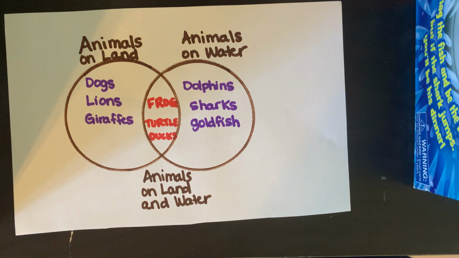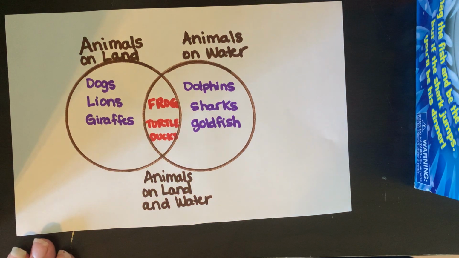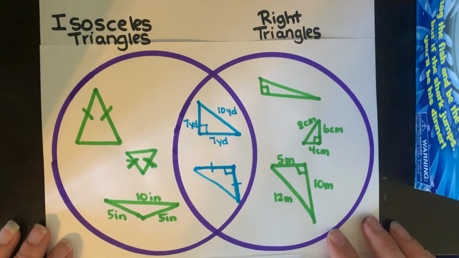And when we looked at triangles, we looked very closely at the size of their angles, whether they were obtuse triangles, acute triangles, or right triangles. And then also we looked at the length of their sides, if they were scalene, if they were isosceles, or if they were equilateral. So I want to take a look at a different Venn diagram, which is right here.